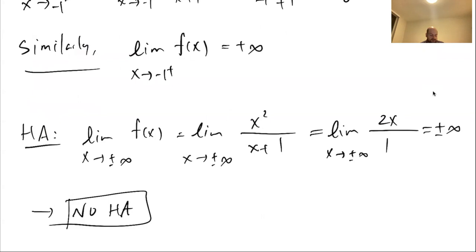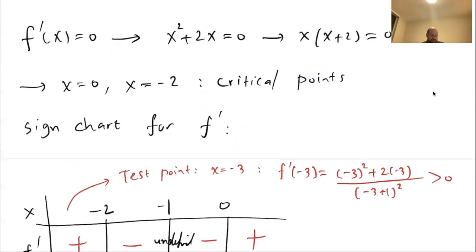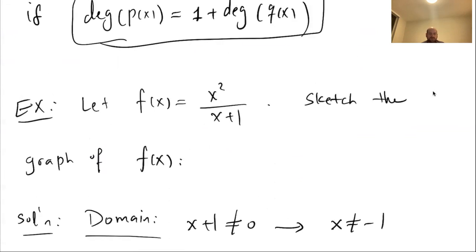Now, what about the oblique asymptote? See, I have a rational function here, and the degree of the top is 1 more than the degree of the bottom. The degree of the top is 2, the degree of the bottom is 1, so the degree of the top is 1 unit more than the bottom. So I will have an oblique asymptote.